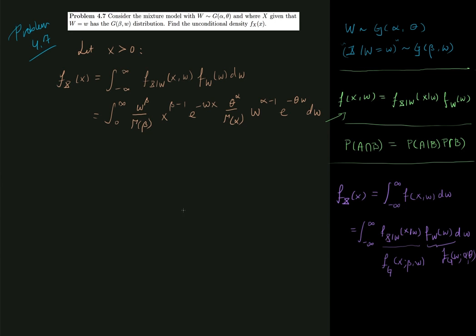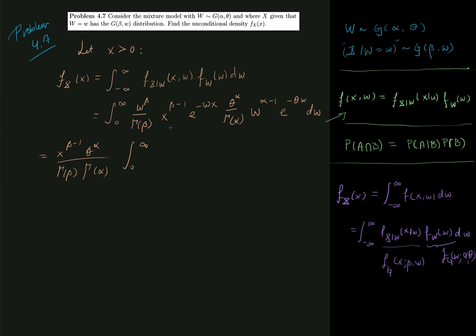dw. So that's a pretty long expression, but fortunately we can take quite a lot of stuff outside of the integral sign. Anything that does not rely on w can be taken outside of the integral, and that is stuff such as x to the beta minus 1, and theta to the alpha, and gamma of beta, gamma of alpha, and I guess that is pretty much it. So now what do we have inside?